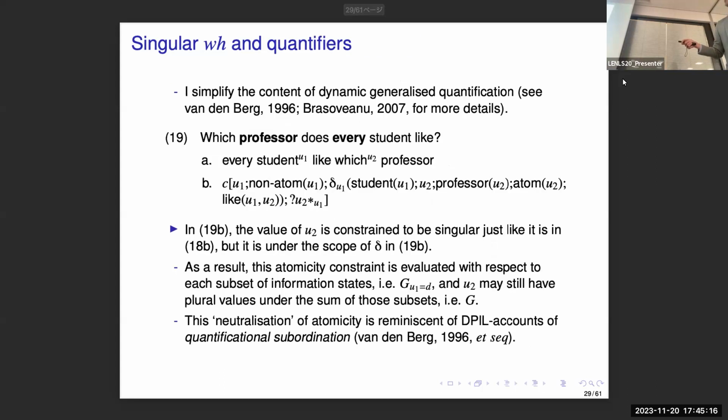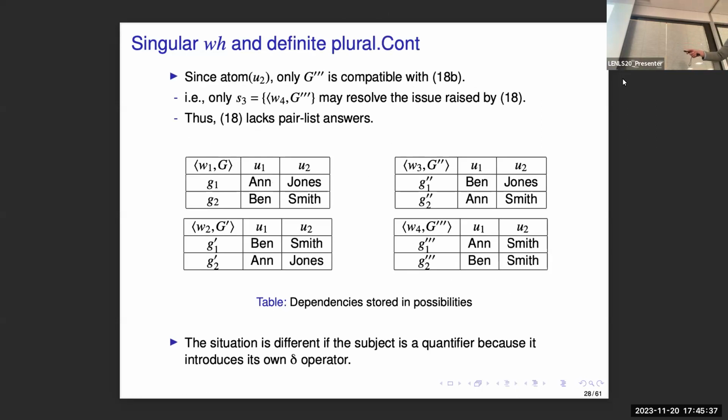But if you have a quantifier, now you have a delta operator here. And if you remember the part on the delta operator, this atomistic condition is evaluated with respect to each subset of, well, the information state, which agree on the value of student. So now you check for each small g that the value of U2 is atomic, and that's trivial here.